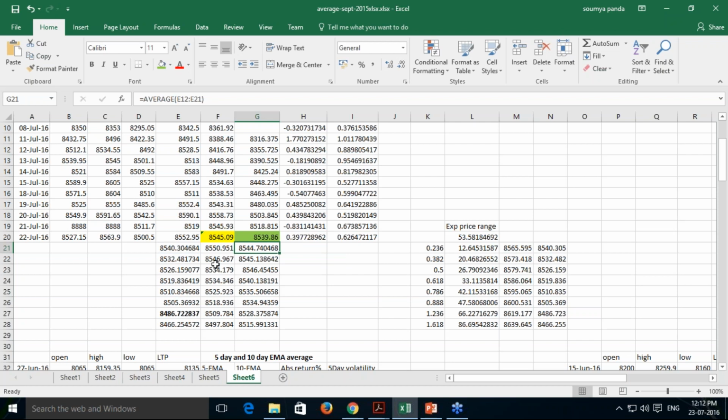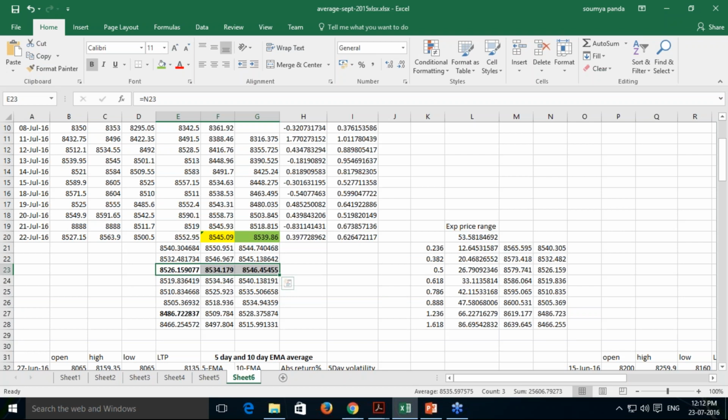With this assumption, what happens here is, if it is closing at 8540 on Monday, still the 5 days is above the 10 days. If it is 8532, still the 5 days is above the 10 days. Whenever this price comes to 8526, here you just see, this is the very important fact of my finding.